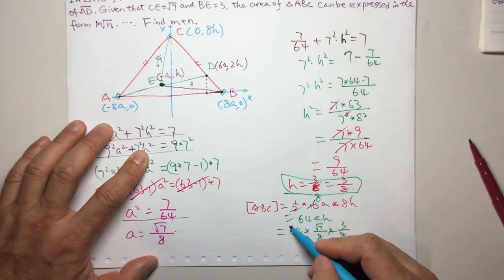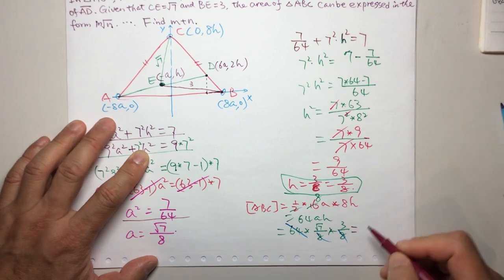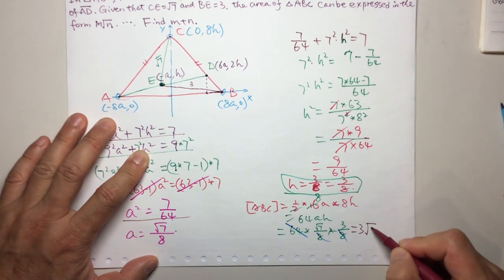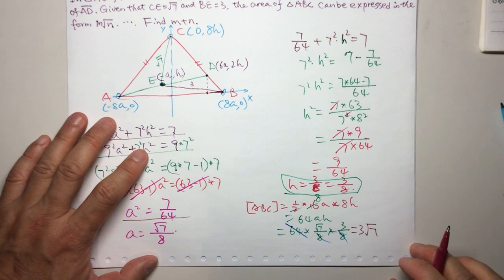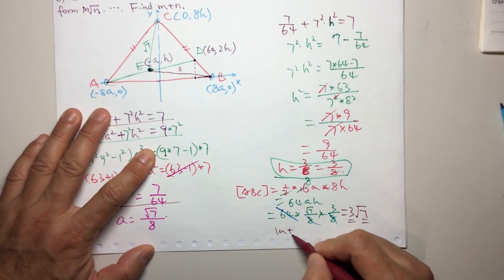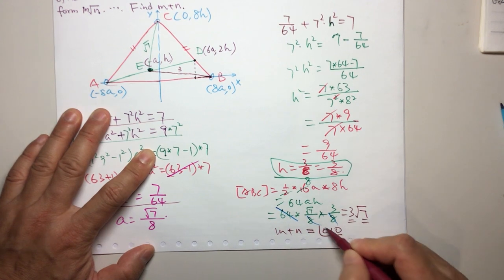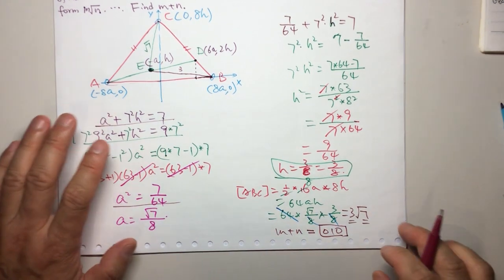So we got 64 over there, then we got finally 3 times square root of 7. So the final answer m plus n then equals 10.